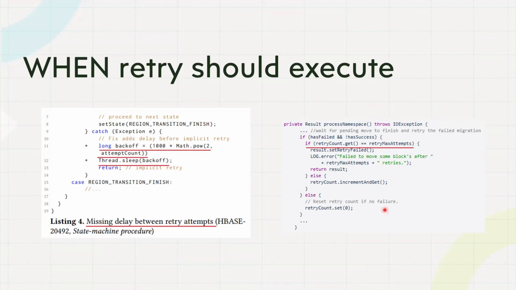In this case, if the retry max attempts was set to a negative number, the retry count would never reach this criterion, and it would not stop retrying. It was just going and going without stopping.